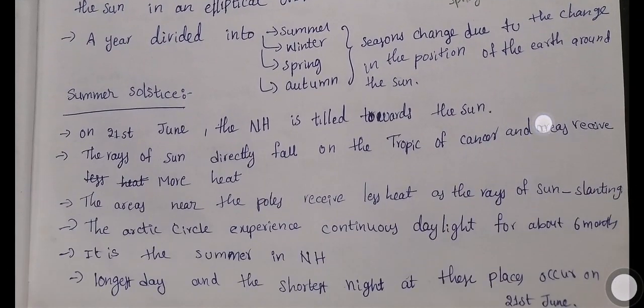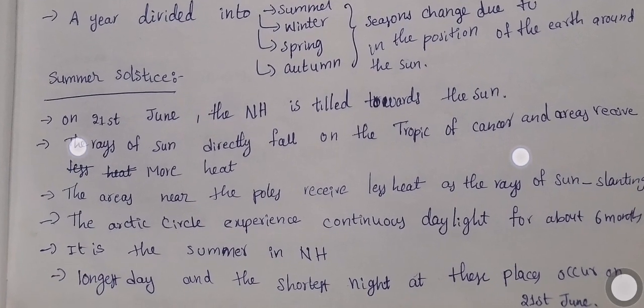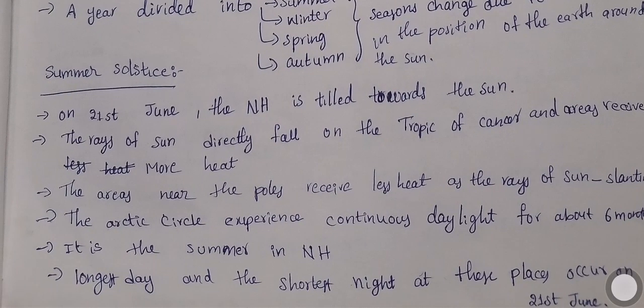And then we come to the summer solstice. The summer solstice occurs on 21st June, when the northern hemisphere is towards the sun, and the sun rays directly fall on the Tropic of Cancer, which receives more heat. Hence, the northern hemisphere experiences summer.